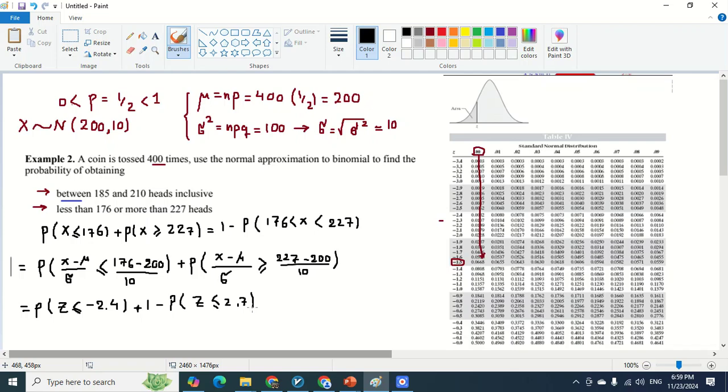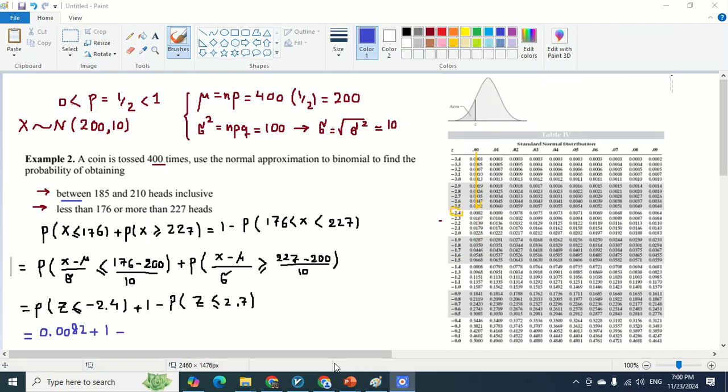So the first one should be evaluated from the negative table, and again we should take a look at minus 2.4. So minus 2.4 is located over here. The second digit is 0, so the intersection of these two values should be considered over here. And also we can find the other part in a positive table. Let us put the corresponding values there.